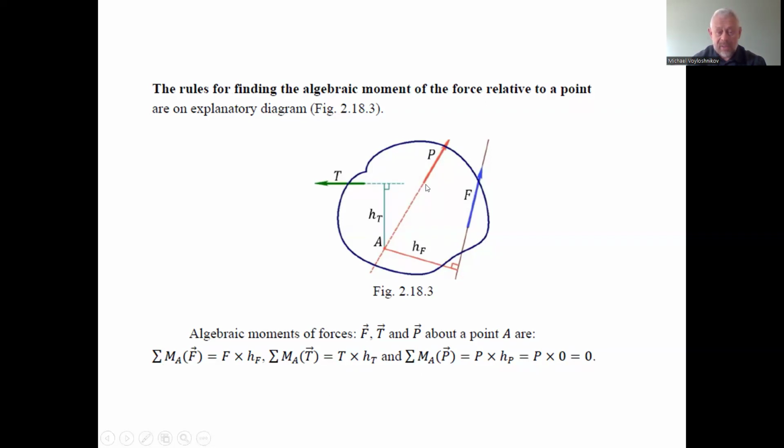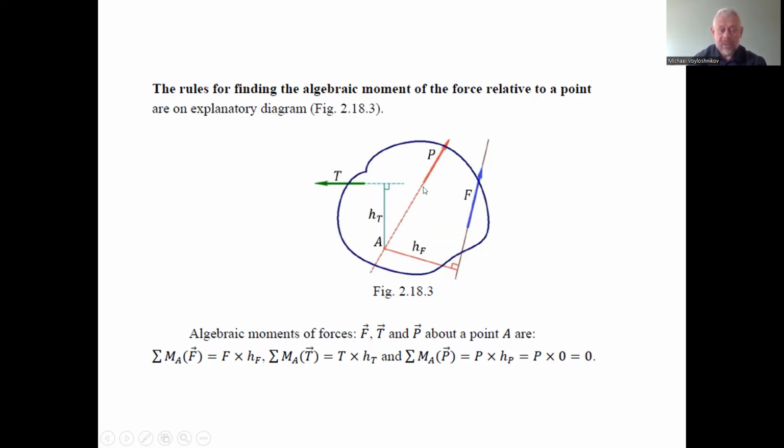The moment is the product of the force by the shortest distance between the line of action of the force and the rotation point. This distance lies on the perpendicular between the line of action of the force and the rotation point.